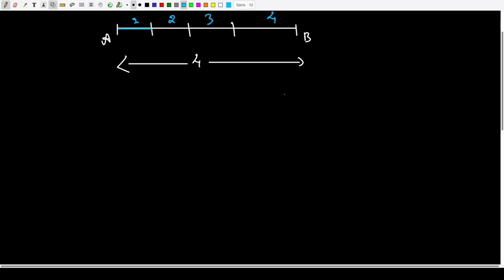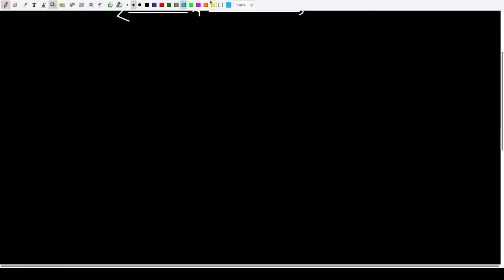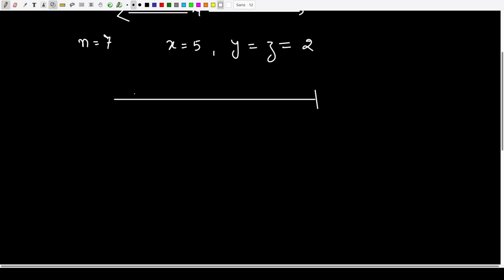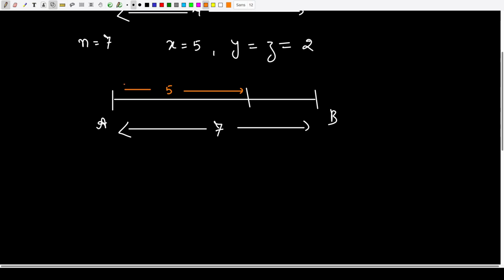There is one minor detail which we need to understand. Let us say the value of n equals 7, and the value of x is 5, and y and z equal 2. In such a case, the line segment AB of size 7 can be cut into a maximum of 2 parts, which is line segment 1 of length 5 and another of length 2.